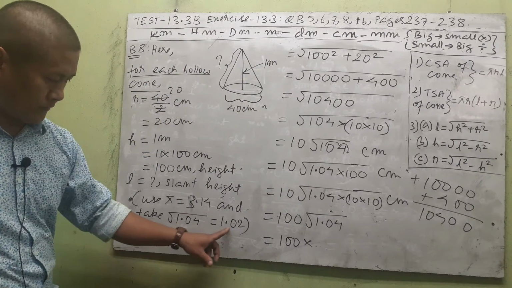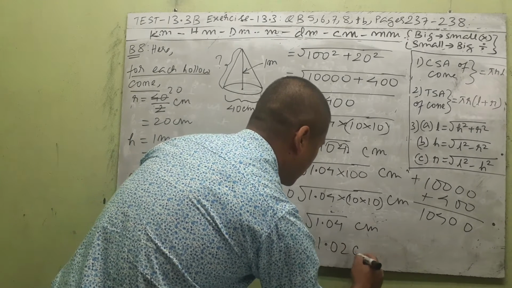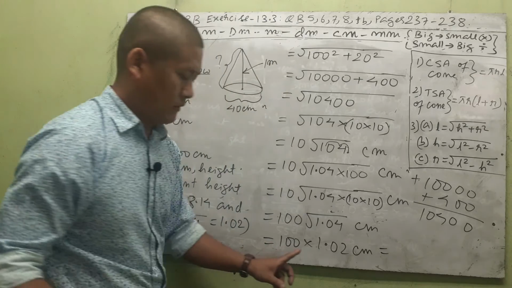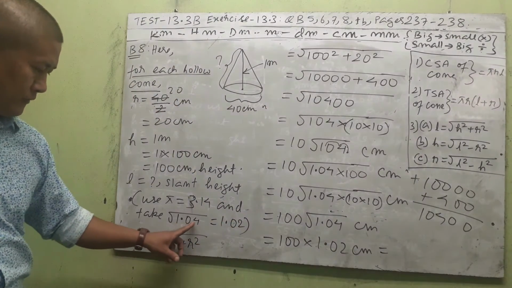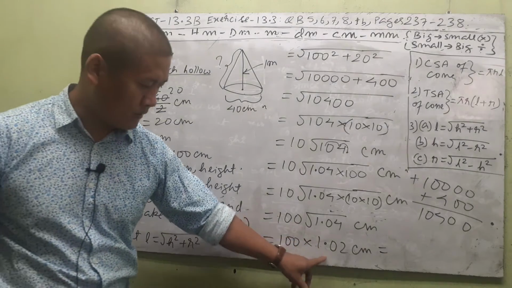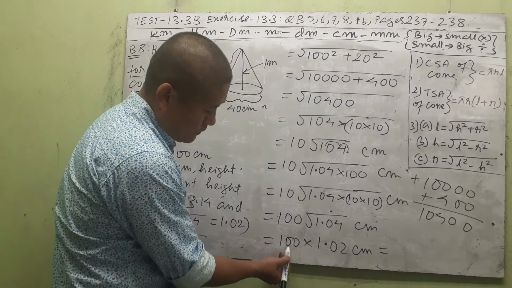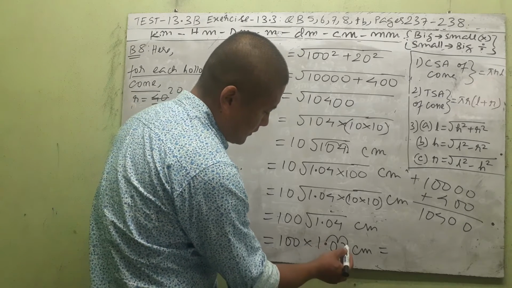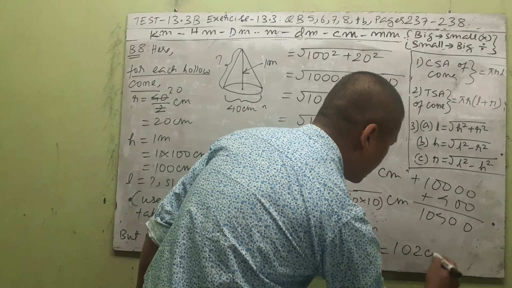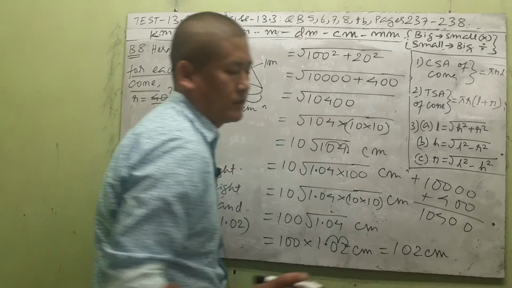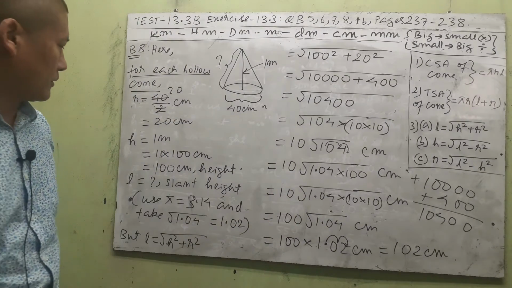The textbook has given, we can use this one, 1.02 centimeter. So when we multiply 100 by 1.02, the decimal moves 2 places to the right because of the 2 zeros, so it will become 102 centimeter with no more decimal. That's the approximate value of l, 102 centimeter.